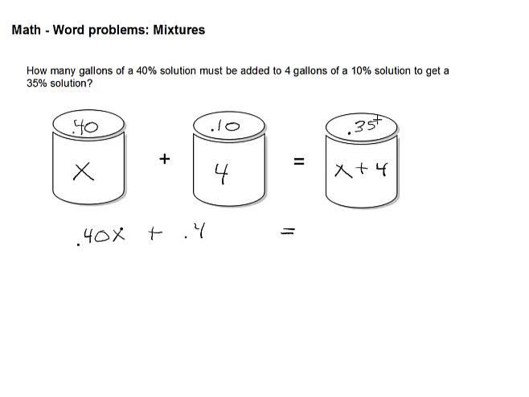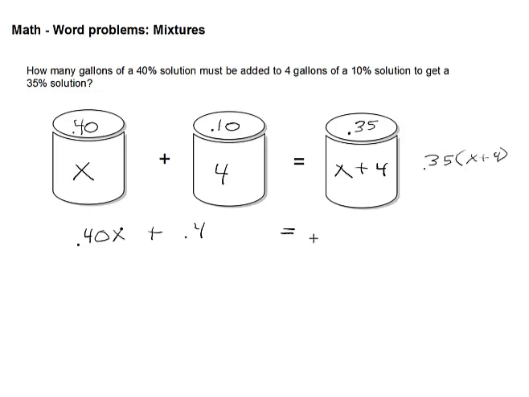And on this one you have to take this 0.35 times the X and 0.35 times the 4. So actually it would look like this: 0.35, and then in parentheses X plus 4, and then you distribute the 0.35 to everything.